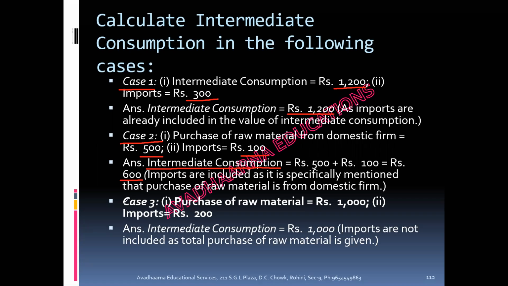Now you can see case 3. परचेज ऑफ रॉ मटेरियल 1000 and imports ₹200. Fine.